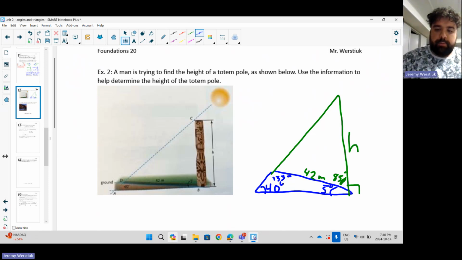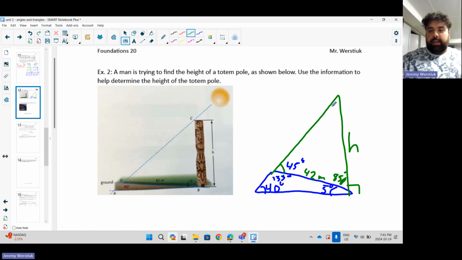And I've got 135 degrees right there, which means that 135 plus whatever this angle is right here should give me 180 because it's on a straight line. So 180 minus 135 is 45 degrees. Right, and this is kind of a snowball effect. Once I found one angle, it kind of lends itself to all the other ones.